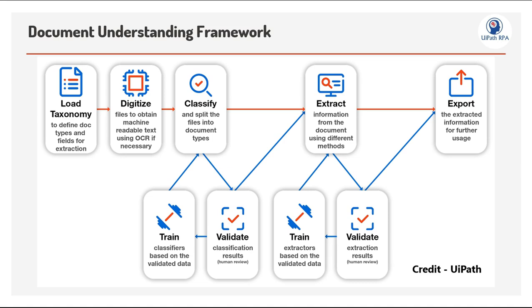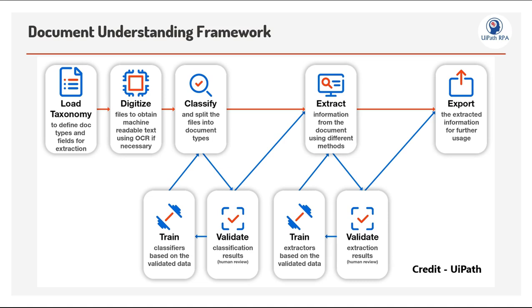As you know, we humans already follow a similar process when we deal with the documents manually. Document Understanding is not just about the bot doing magic, it's about mimicking what a human does.